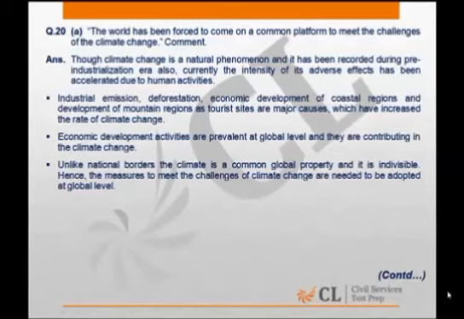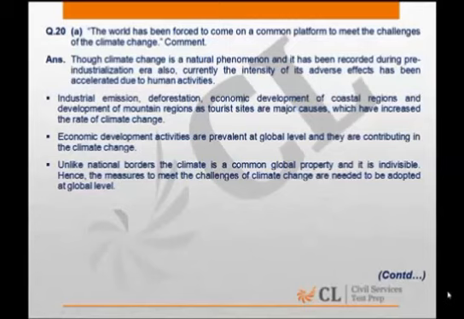After global warming became a threat to the world for climate change, all nations came under a platform under UNO, the United Nations Environment Program, and the United Nations Framework Convention on Climate Change, UNFCCC, and they are readily agreeing that all nations come shoulder to shoulder, hand in hand to cut the emissions.